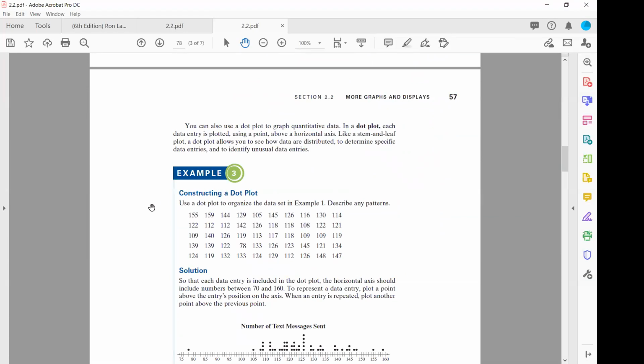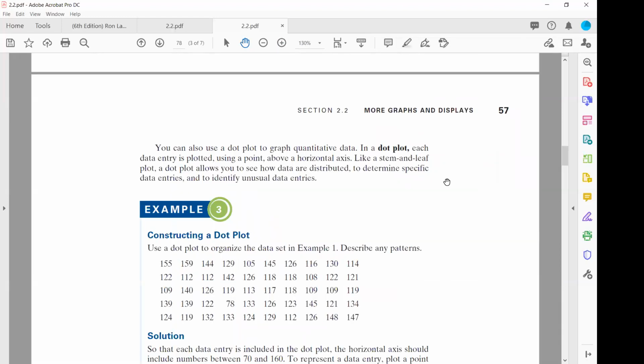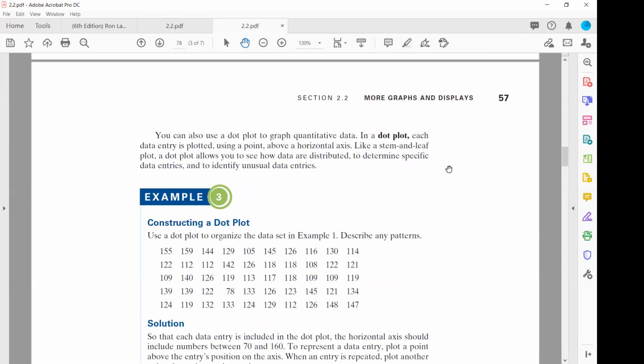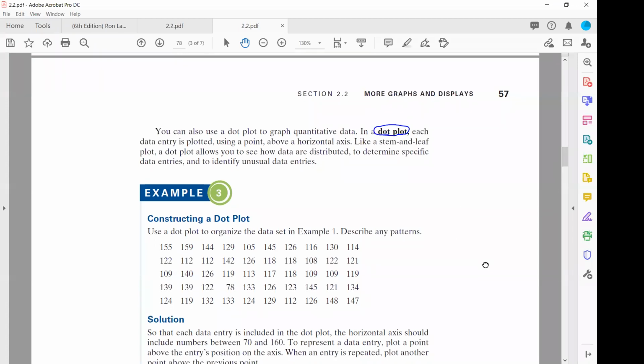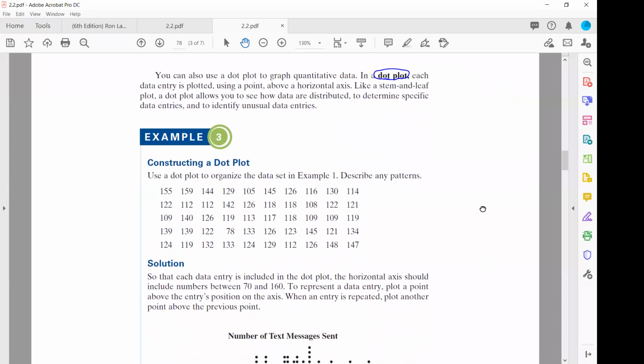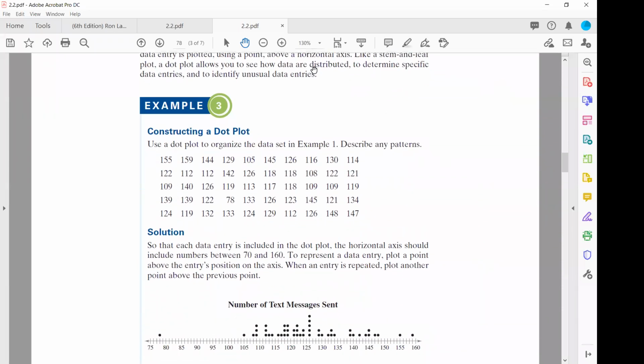After the stem and leaf plot, you can use something called a dot plot. What are we going to do? We're going to use one dot to represent each number in the collection. Take a look at this example.